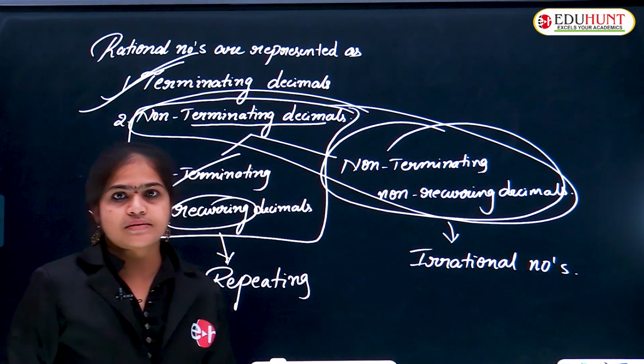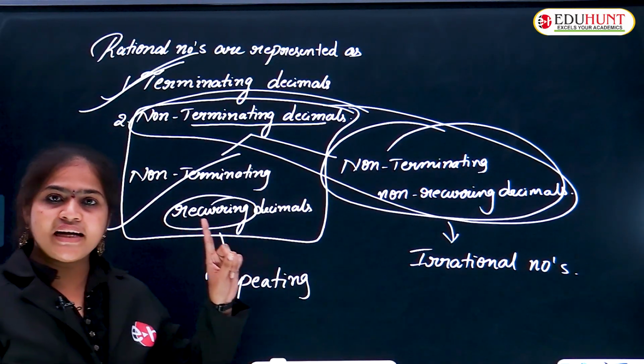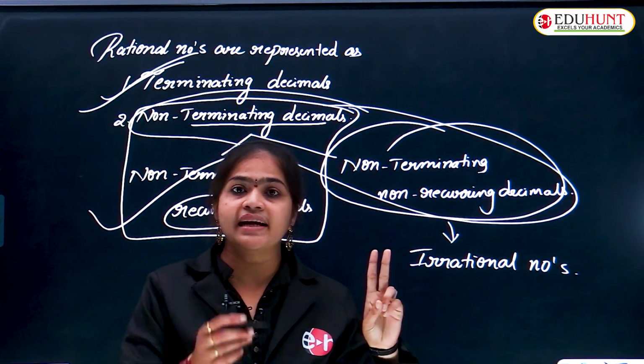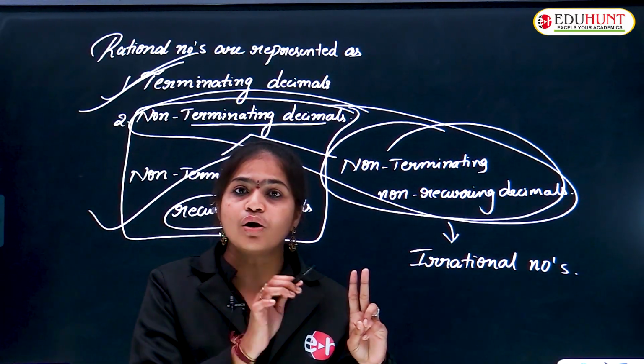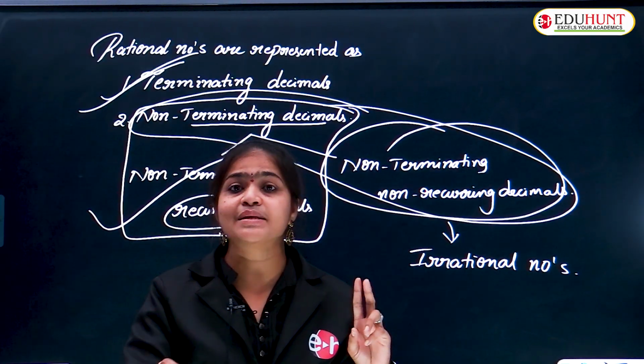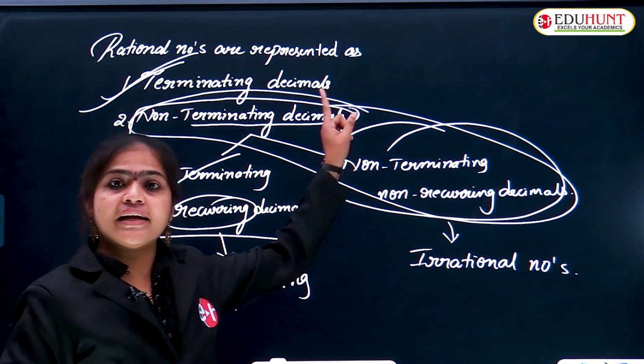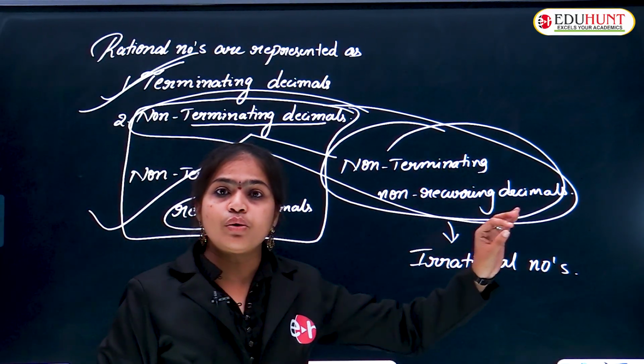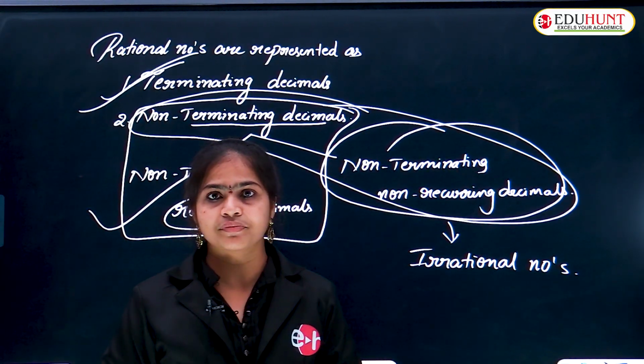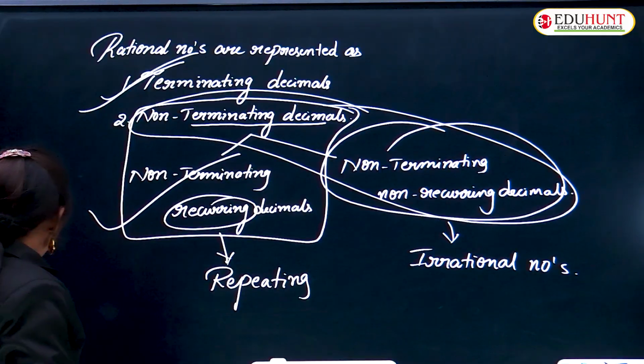Terminating decimals and non-terminating recurring or repeating decimals are known as rational numbers. Non-terminating non-recurring decimals are known as irrational numbers.